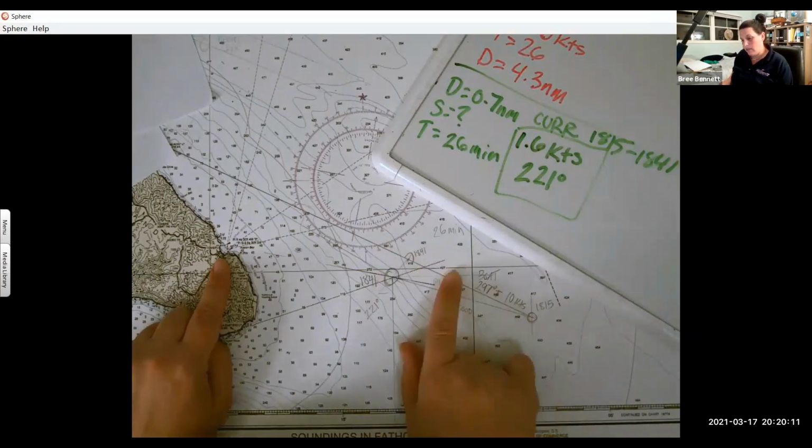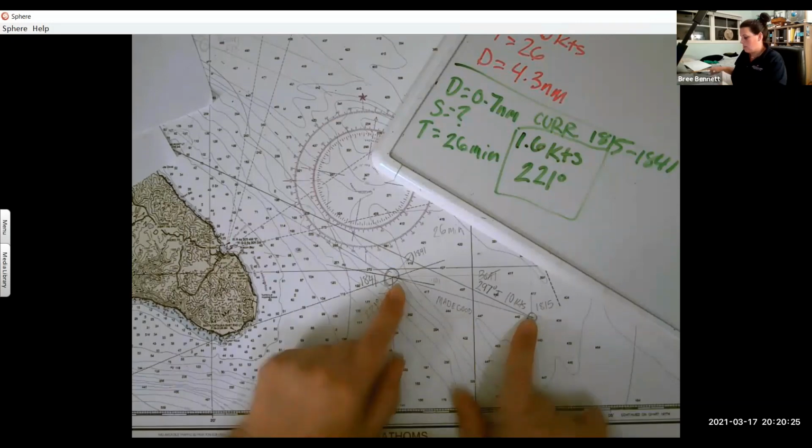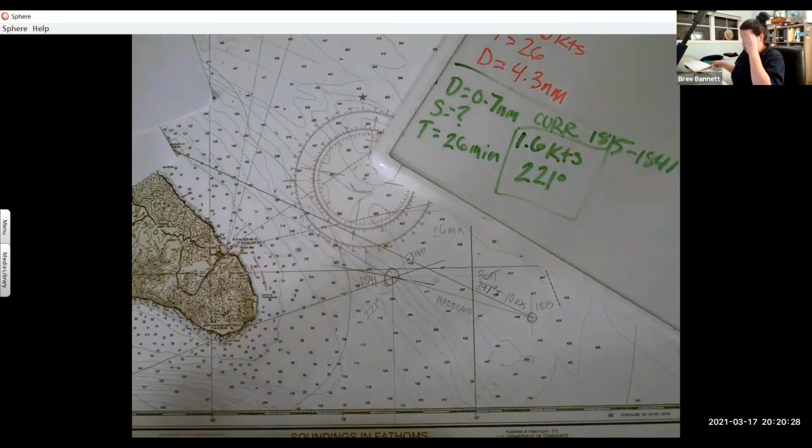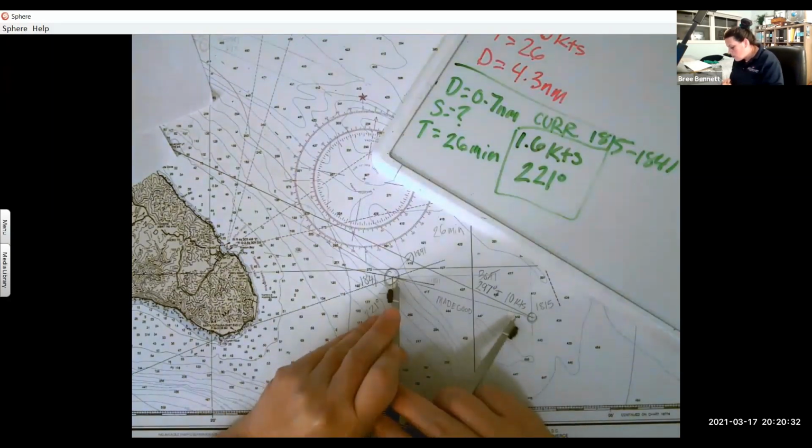We calculated what our boat did, but I haven't done my made good yet. So I want to see what my made good speed was. So first thing to do that is measure.